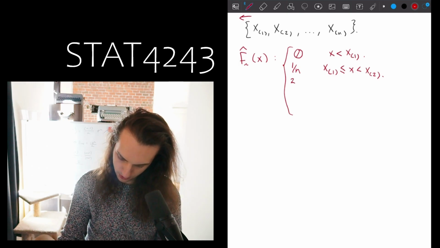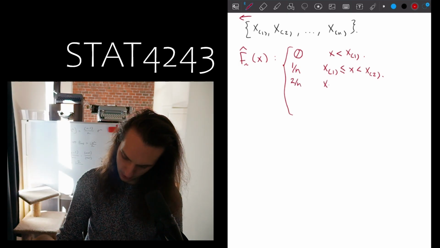Then we'll have 2 out of the n proportion if you fall between x2 and x3.